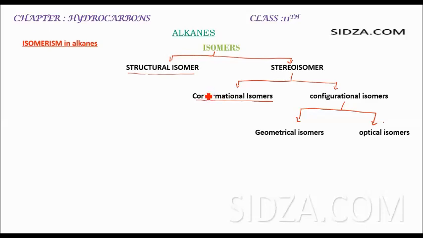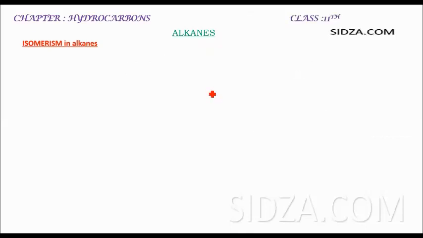Let's first start with the structural isomers. In structural isomers, the structure of the two compounds is different, but the formula is the same.